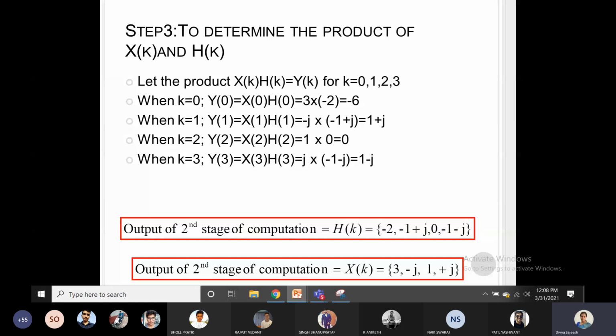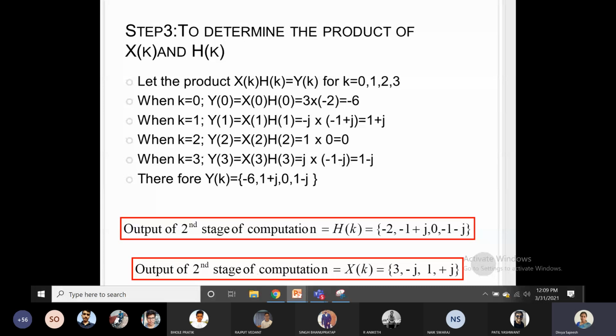So what you obtain here is the output y of k, which is the sequence -6, 1 plus j, 0, 1 minus j. So the DFT of circular convolution of x of n and h of n will be equal to x of k multiplied with h of k. Now here our step is not ending.